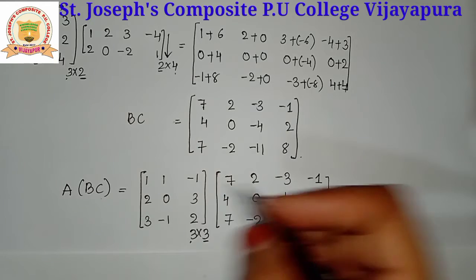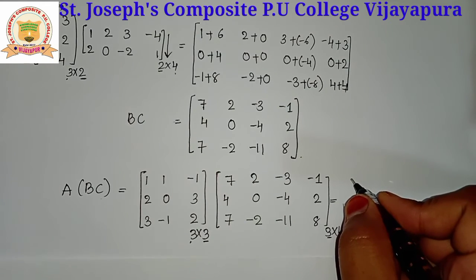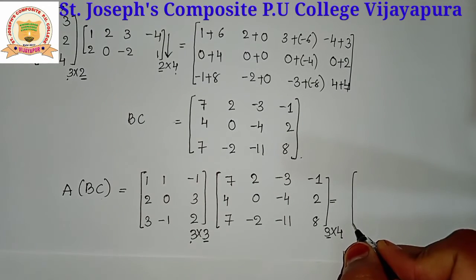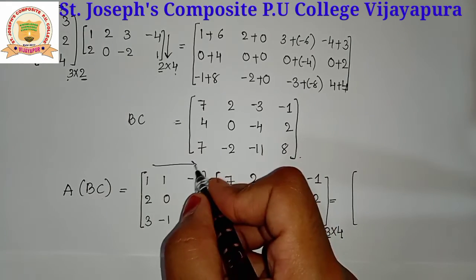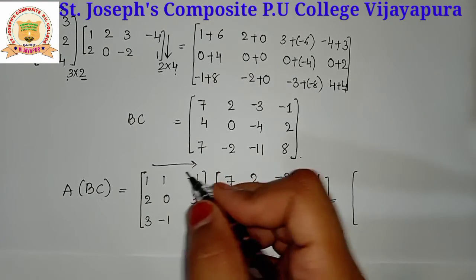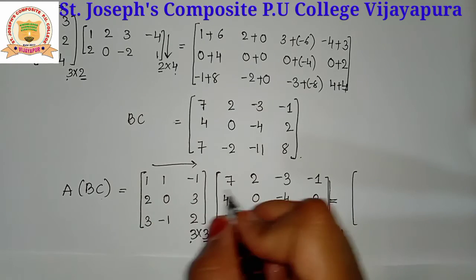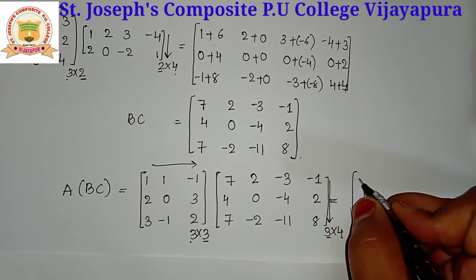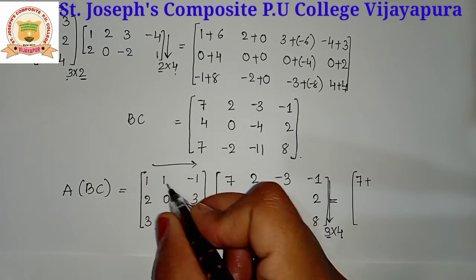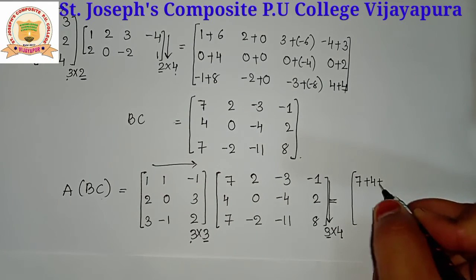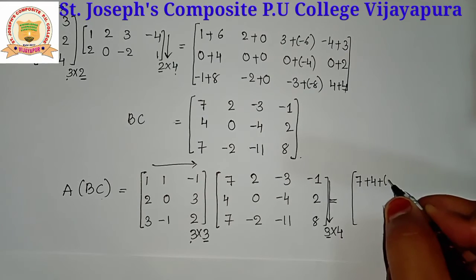In the A into BC matrix, the first element will be A11, that is first row. From the first matrix we have to take only rows, and from the second matrix only columns. So first row, first column: 1 into 7 is 7, plus 1 into 4 is 4, plus minus 1 into 7 is minus 7.